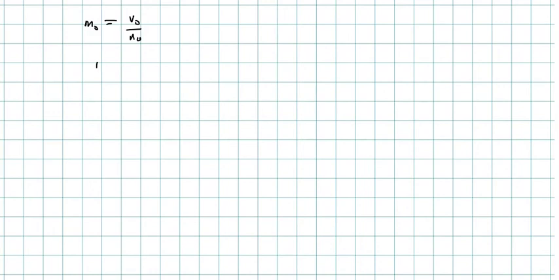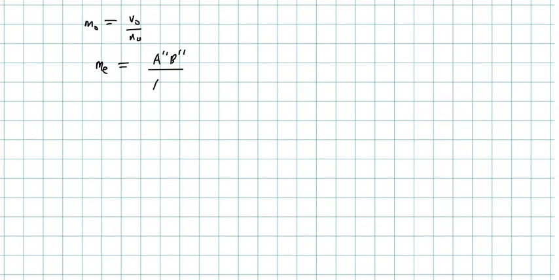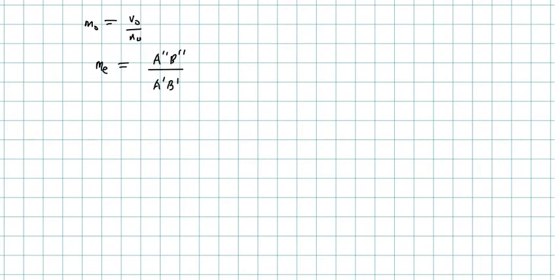But what about ME? So ME will be A double prime B double prime by A prime B prime. Okay, so how can I write this?